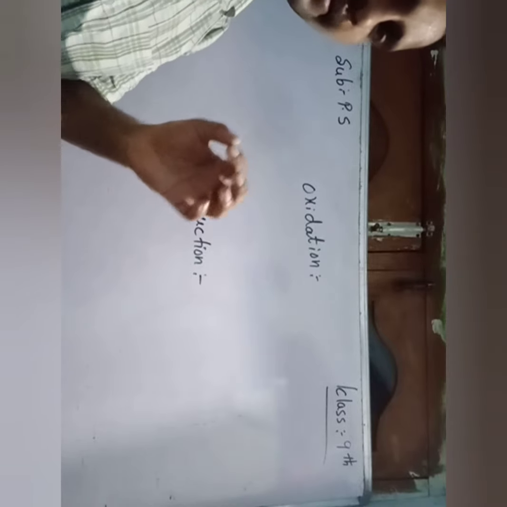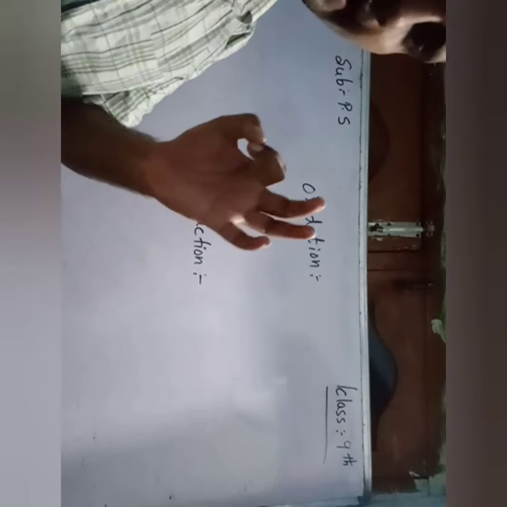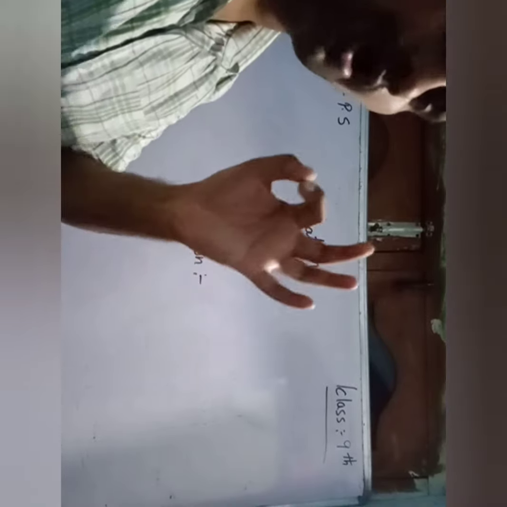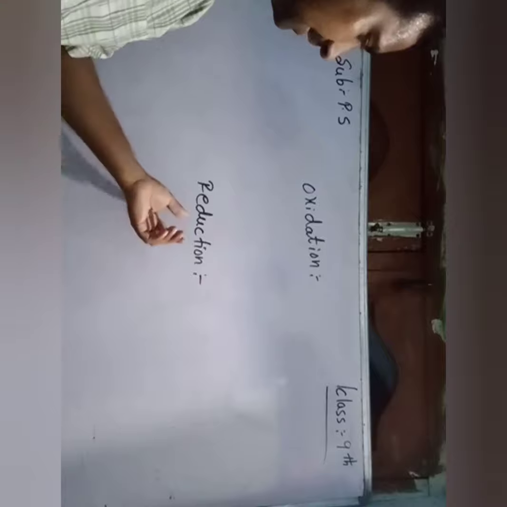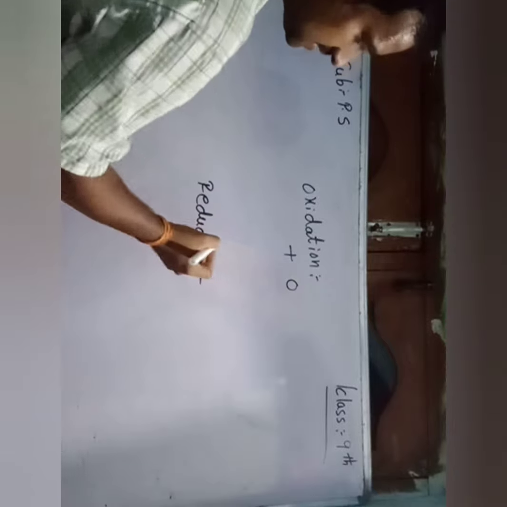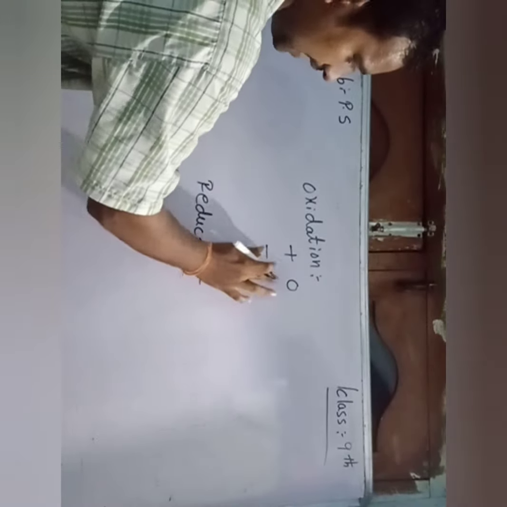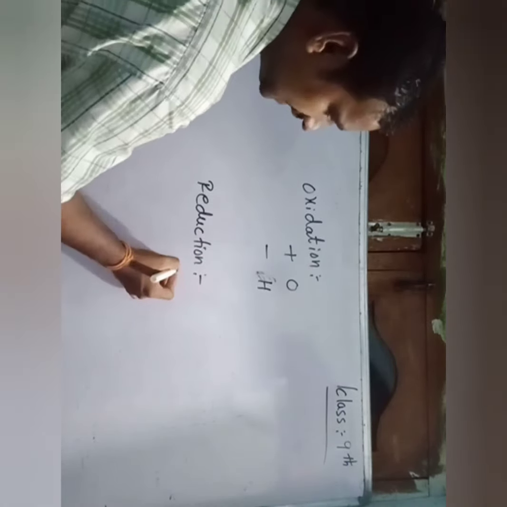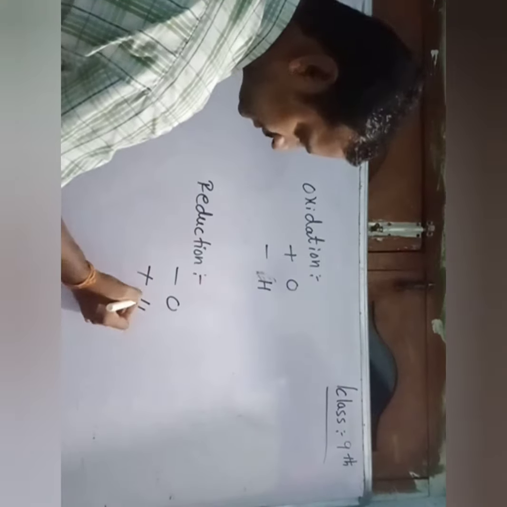The chemical reaction in which there is addition of hydrogen atoms or removal of oxygen atoms is called reduction. Clear? So oxidation is addition of oxygen or removal of hydrogen, and reduction is removal of oxygen or addition of hydrogen.